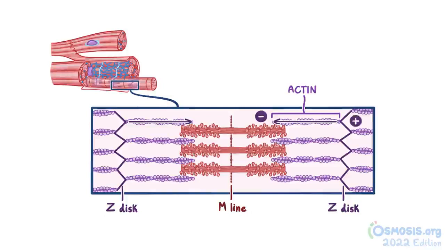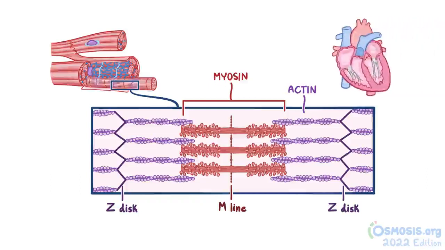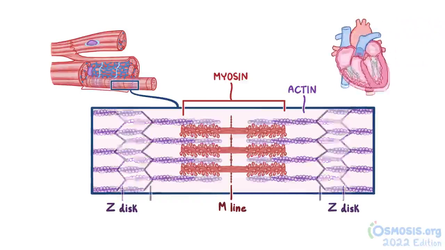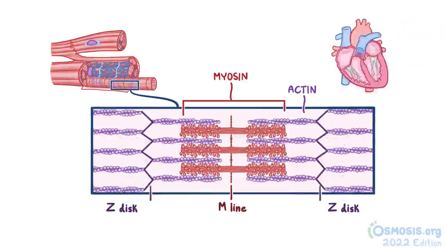Just like an arrow, the actin filament can only move in one direction, the direction it's pointed at. Attached to the M line are the myosin filaments, which are thick bundles of myosin proteins with 2 globular heads. During a muscle contraction, the myosin heads grab onto the actin filaments and pull them towards the M line, which brings the 2 Z discs closer together.